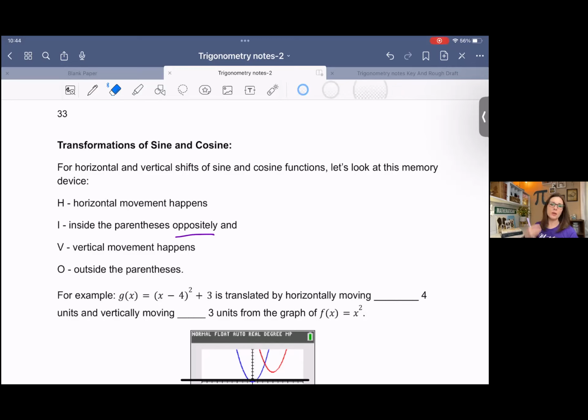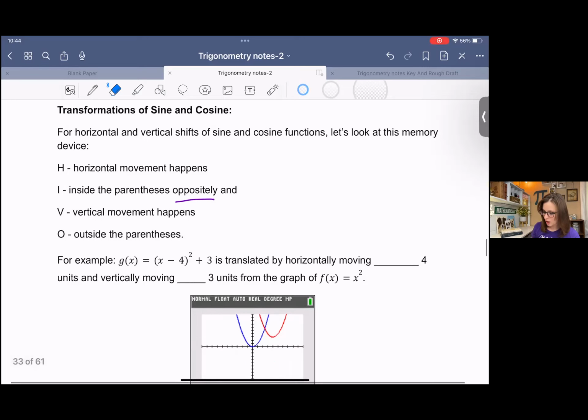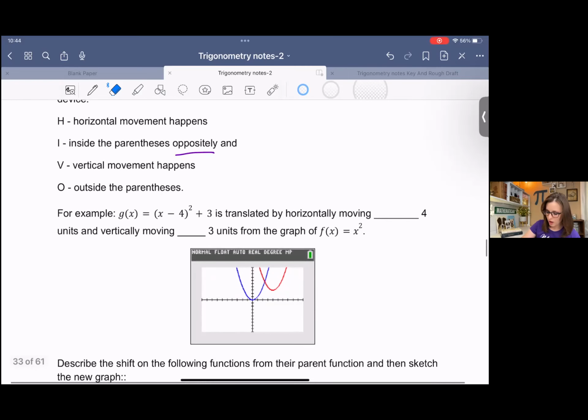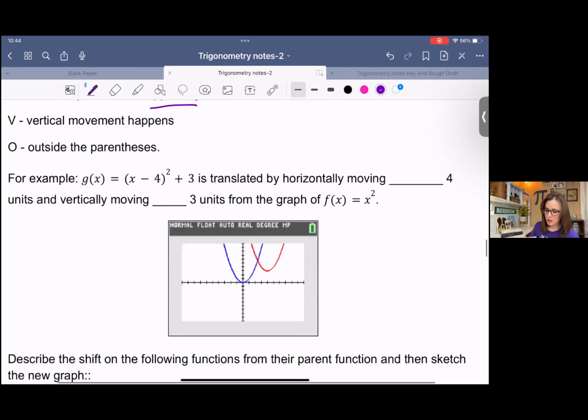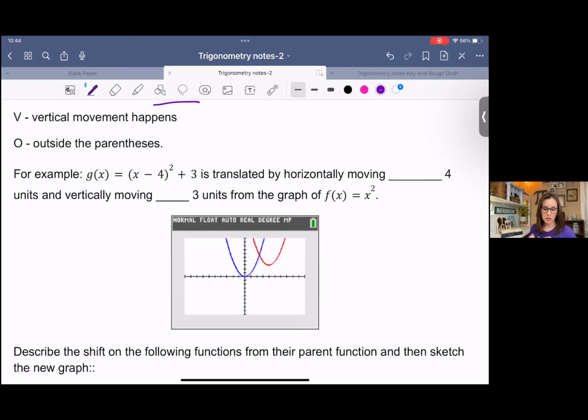The vertical movement outside, it's as you see it. If it's a plus 4, it's a plus 4. If it's a minus 4, it's minus 4. So I already kind of spoiled the one below a little bit. Didn't realize that. But I have an example. This is a quadratic. And we have g of x equals x minus 4 squared, plus 3. That squared means it's a quadratic.